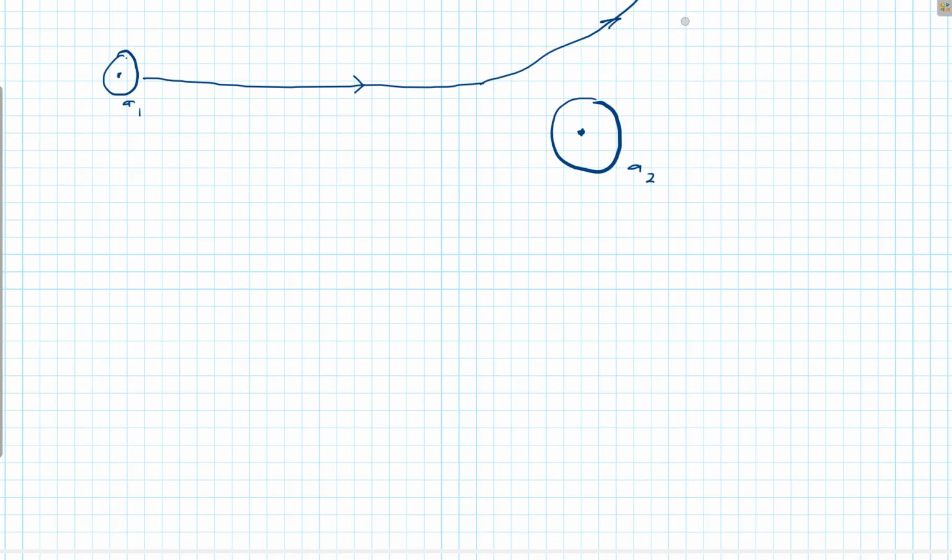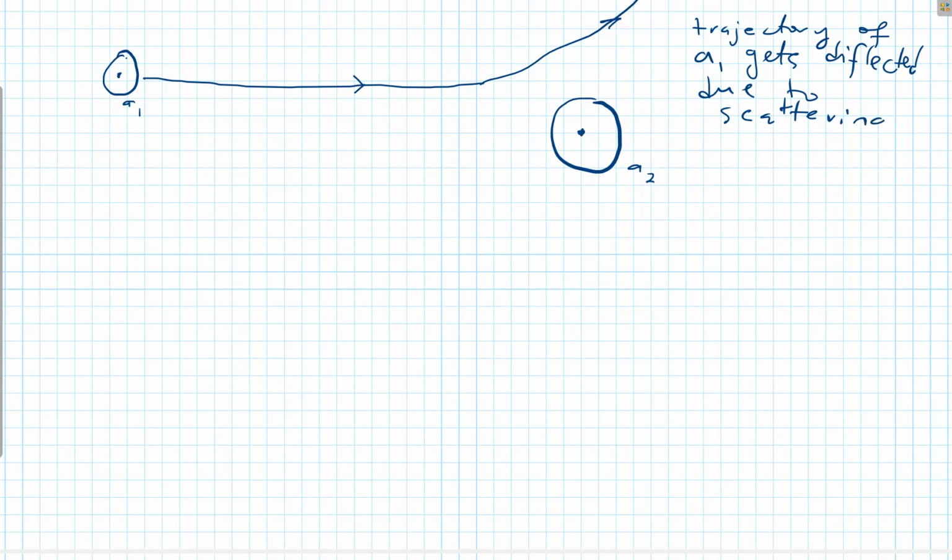So this direction means there is some sort of deflection. The trajectory of molecule A1 gets deflected due to scattering.